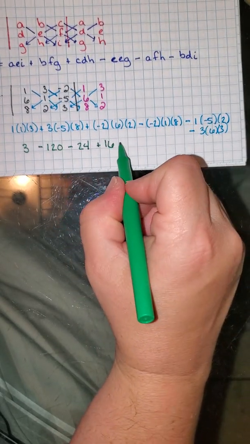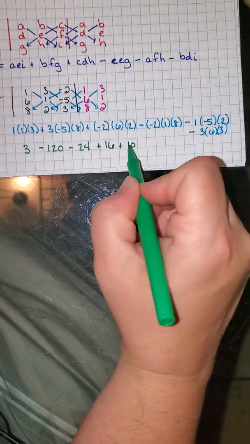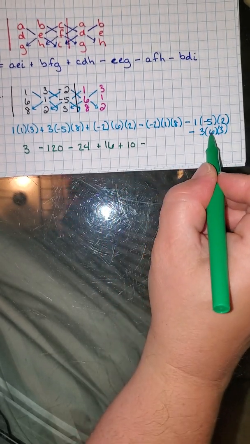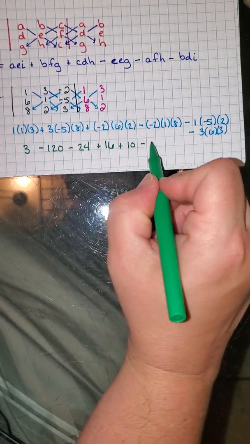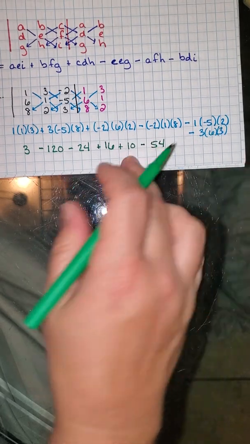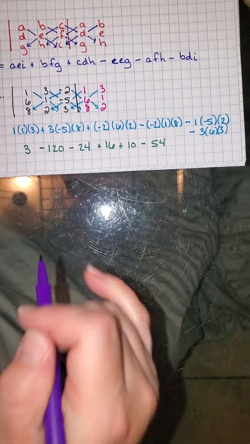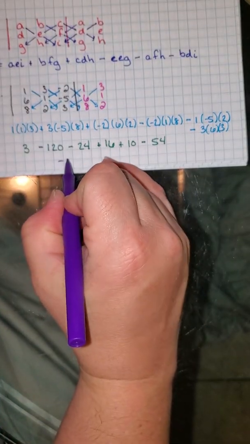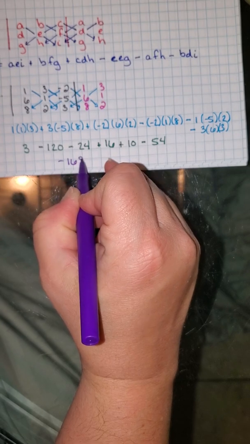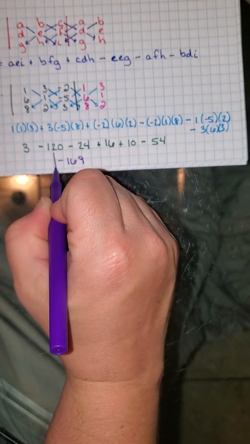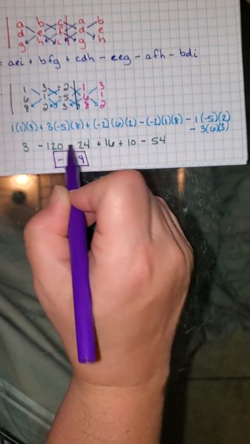Minus a negative becomes plus, and that's 10. And that'll stay minus, and 3 times 6 is 18, 18 times 3 is 54. And then you just throw all that into your calculator, and you see that the answer is -168, or 169. And that's the answer.